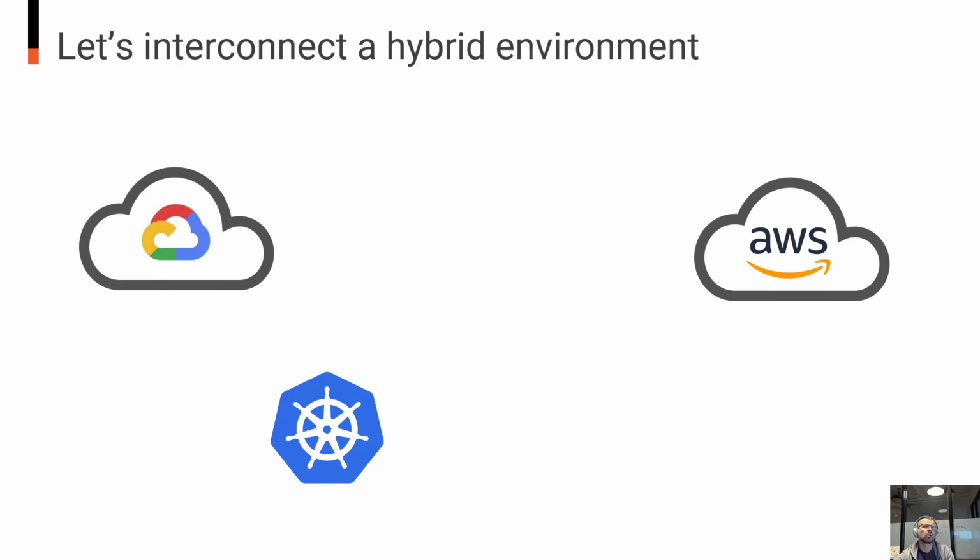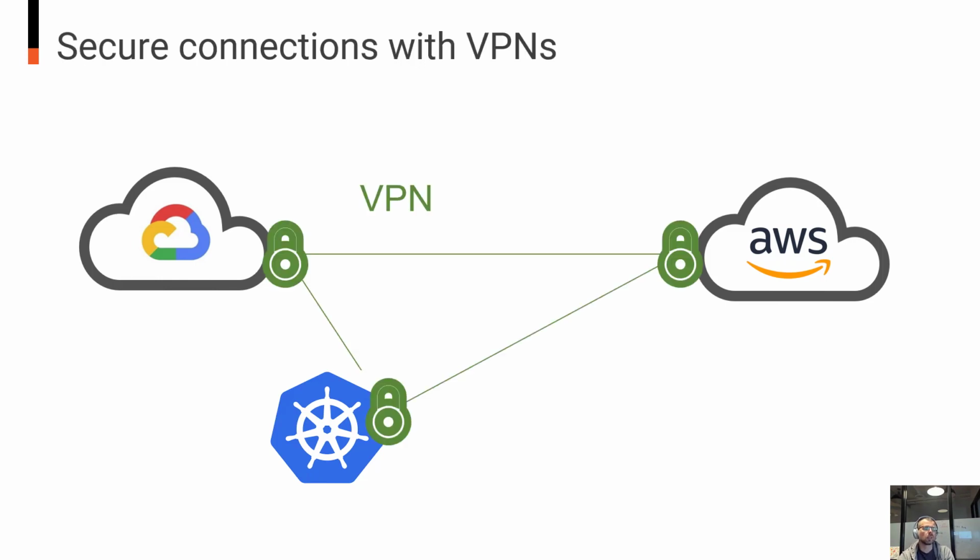So in the traditional world, you create a VPN. You create a VPN between your on-premise, AWS, and GCP, and you have to set up certificates, rotate certificates, and make sure you trust specific networks. It's a lot of work and a lot of troubleshooting, and we all know sometimes it breaks.